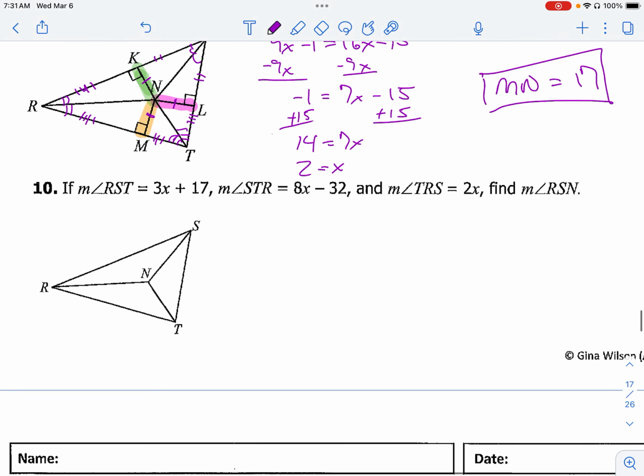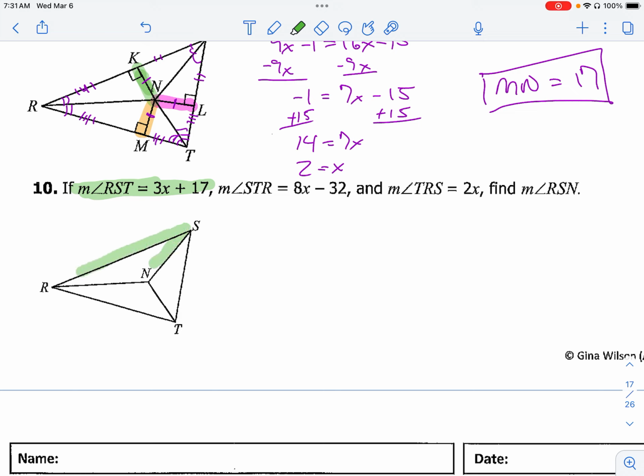All right, last review question, still the incenter, formed by angle bisectors. So RST, so remember we follow the letters.